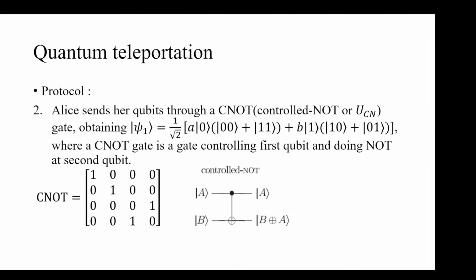So what happens for this CNOT? We can say it's CNOT on qubits 1 and 2, and on the 3 qubits it's CNOT tensor identity.